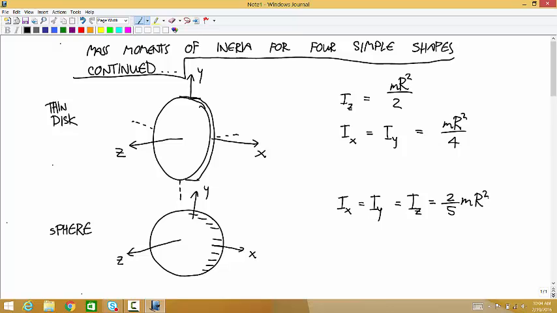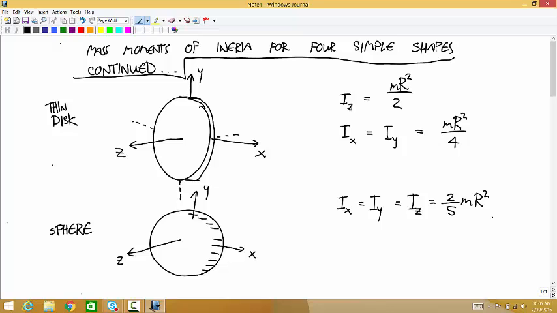Later we'll do a careful calculation of this, but if you had a disk rolling, the moment of inertia that matters would be mr squared over 2. If you had a sphere rolling, the relevant moment of inertia would be 2/5 mr squared, right? So if they had the same moment of inertia, this would be 2.5 over 5 mr squared.